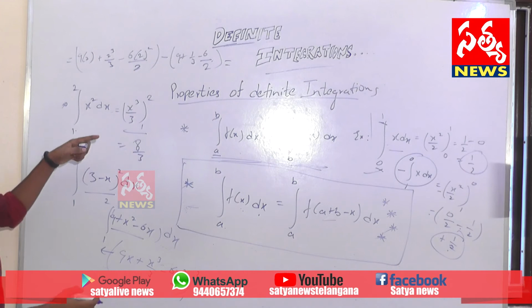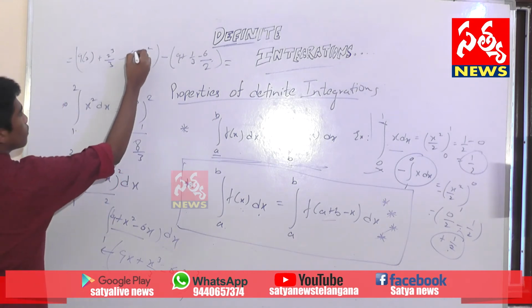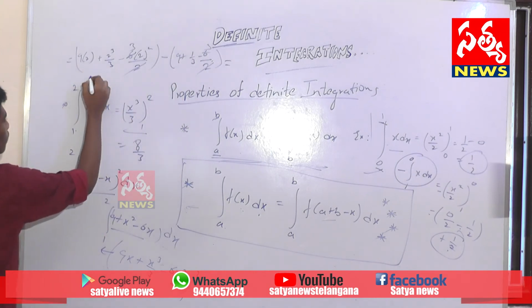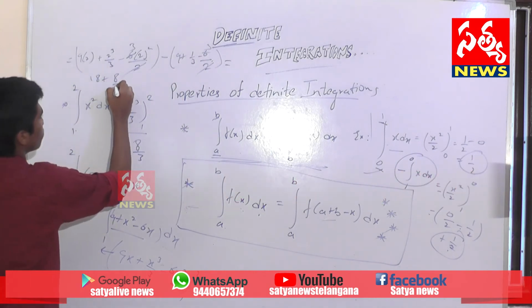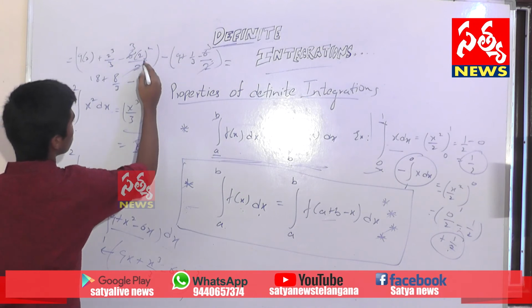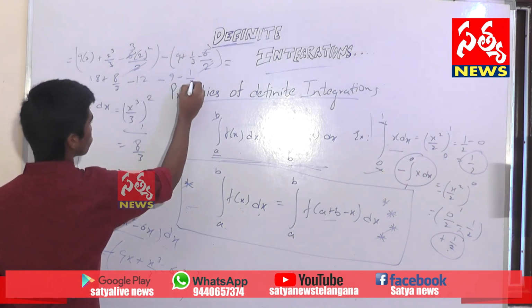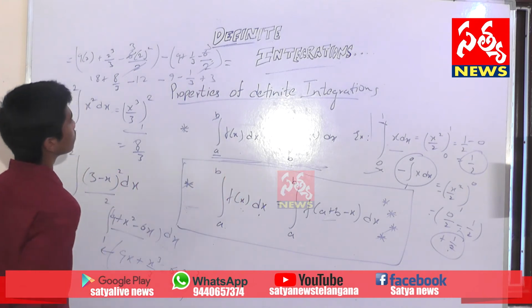See, right? Okay. 9 2s are 18 plus 8 by 3 minus 4 12s, minus 9 minus 1 by 3 plus 3.